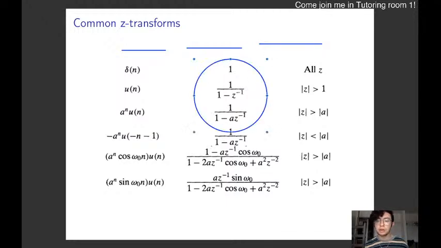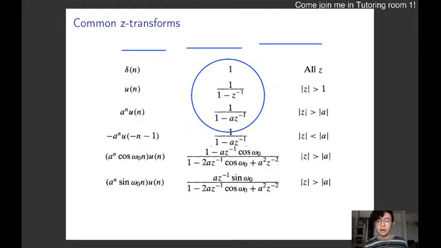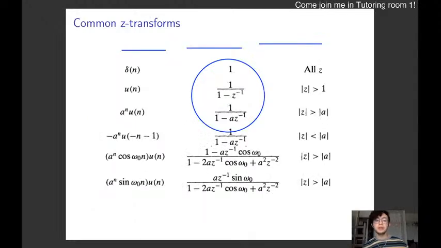All of these linear terms in the denominator kind of look like these causal signals right here. These would be the transforms you would use if you have a causal ROC.